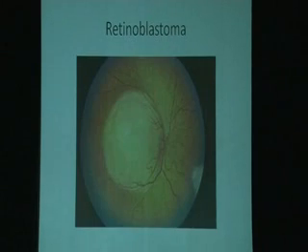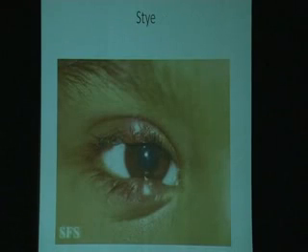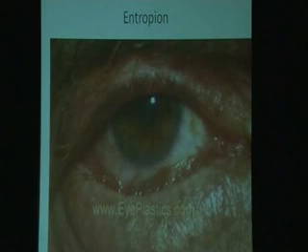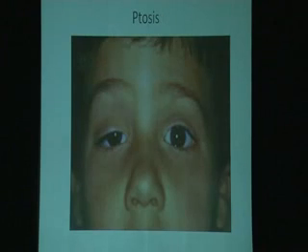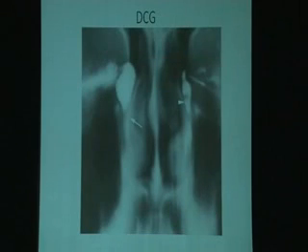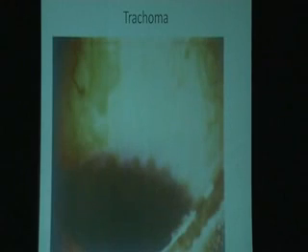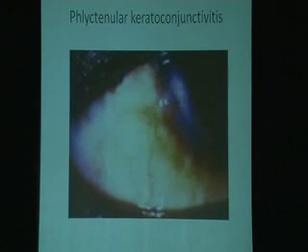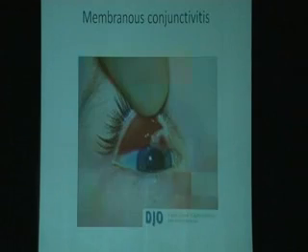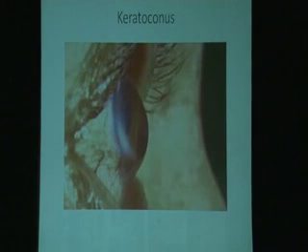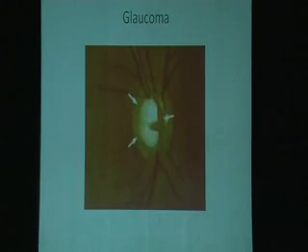This is intraocular calcification, retinoblastoma, leukocoria, sty, tylosis, chalazion, entropion, ectropion, ptosis, capes, distension of the sac and the stone, again normal DCG, follicles, pits, arch line, cobblestone, phlyctenular, pterygium, membranous, band shape, keratoconus, arcus senilis.